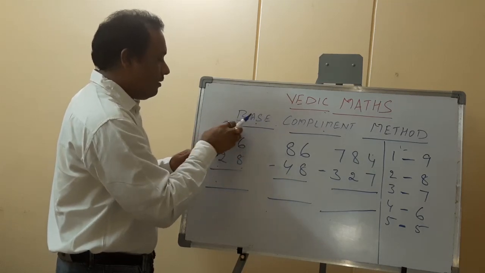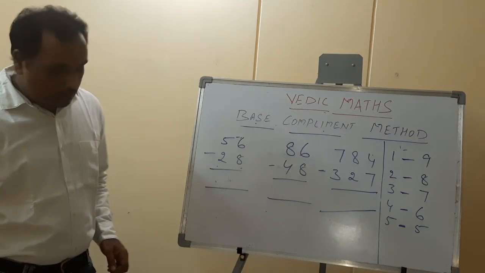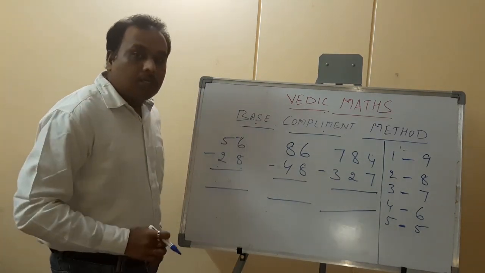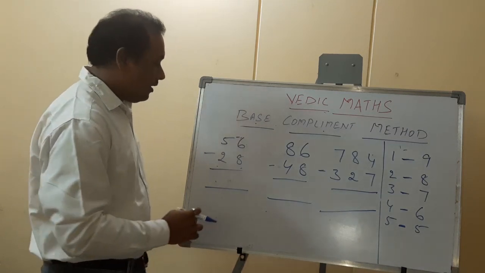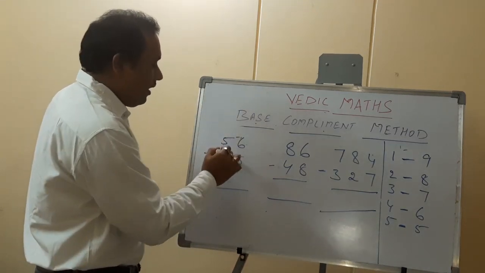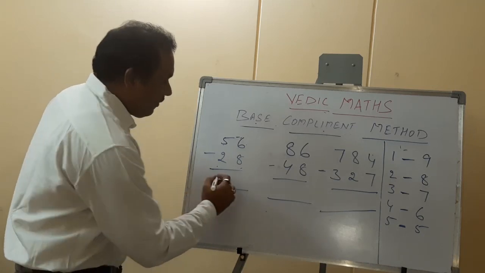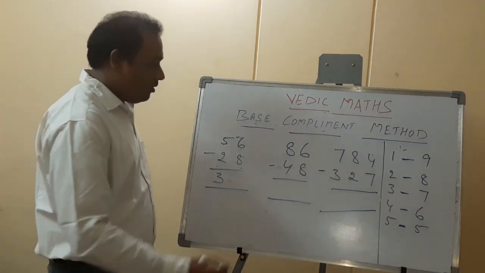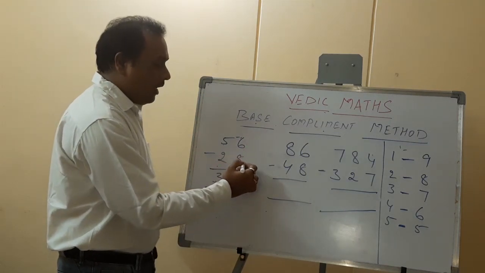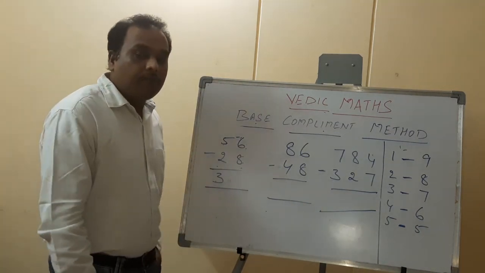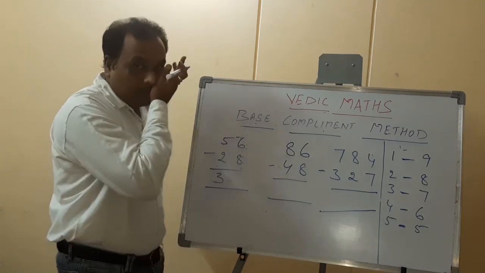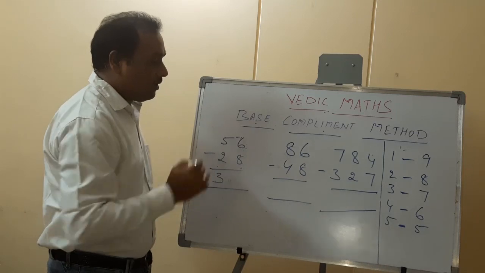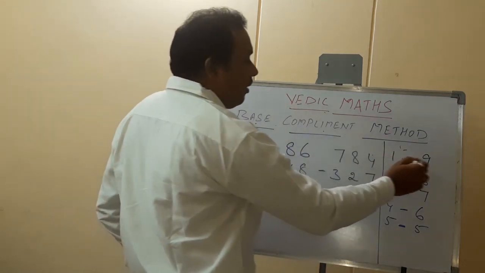The same thing we are trying to do now. So now what do we have? 56 and 28. From 56, 28, from 5 if we take 2, what will come? We get 3. Now I need to take 8 from 6. Is it possible for me to take 8 from 6? No. As it is not possible, we have to go for the complement number.